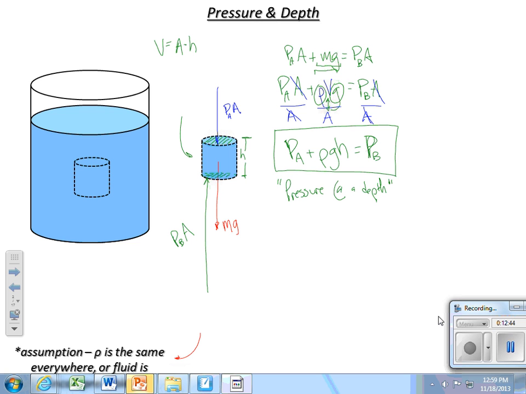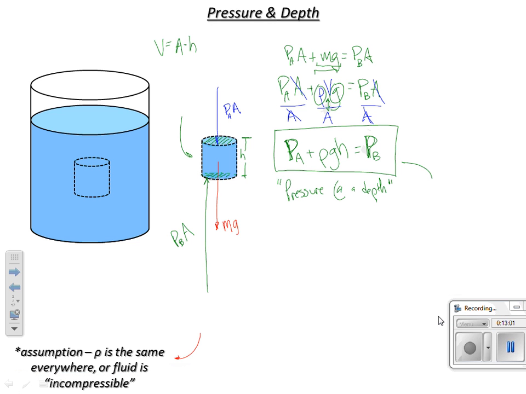The one big deal is that pressures lower, below, are always higher than pressures above because of the weight of the extra fluid above you. All right, so here's your new expression for what we call pressure at a depth, for a static fluid, a fluid that's not moving. Fair enough? Okay.